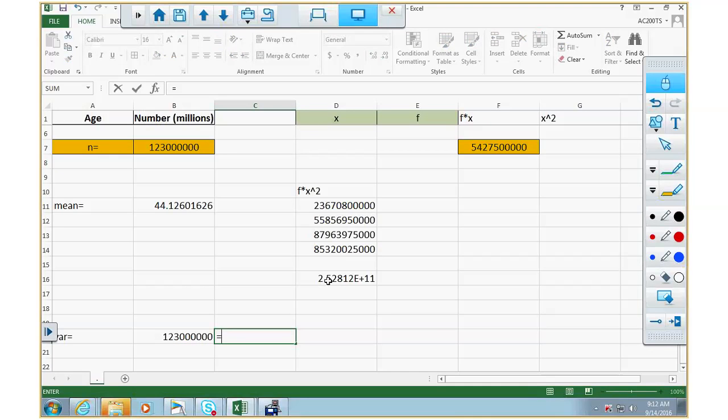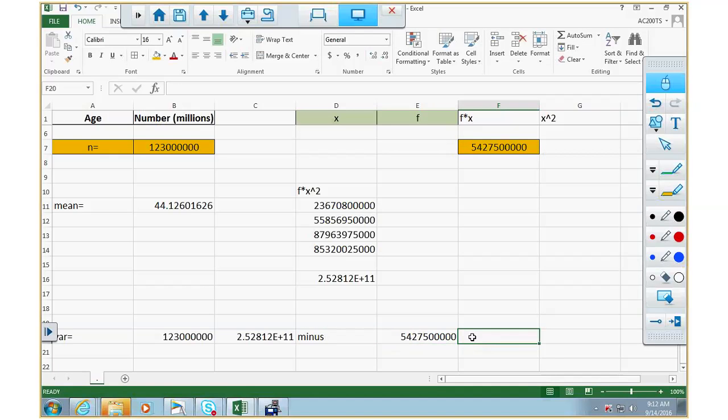The sum of f times x squared, right? And then you minus what? This number, quantity, what? Oops, sorry. This number raised to the second power. And all of that is over what? n times what?